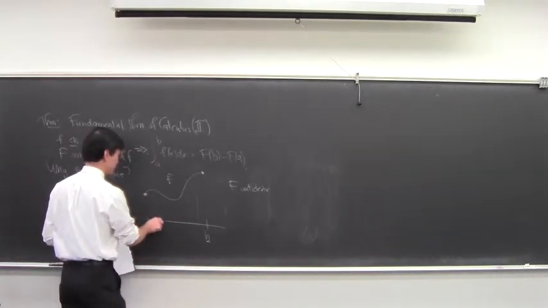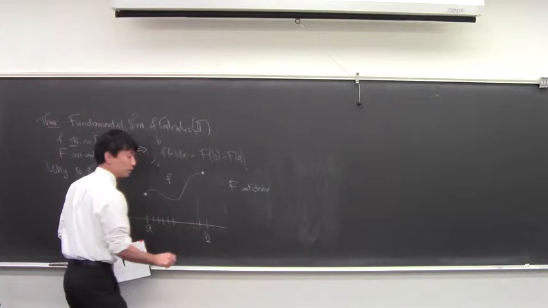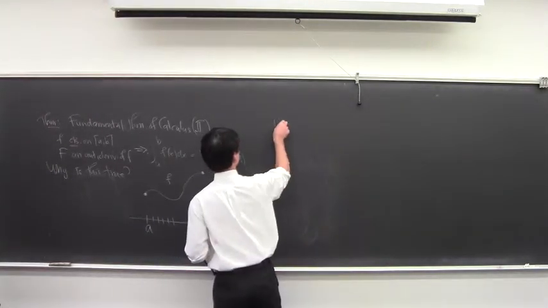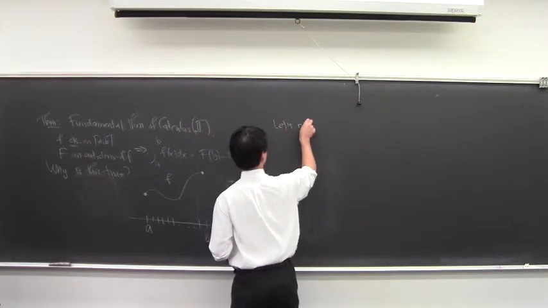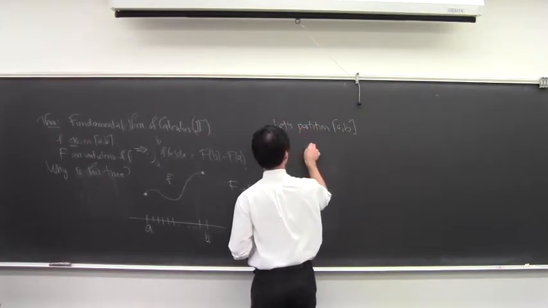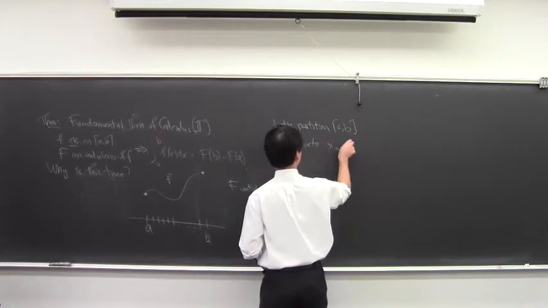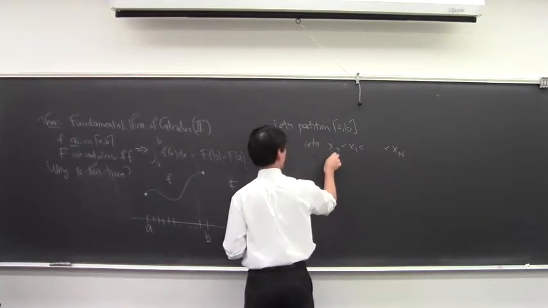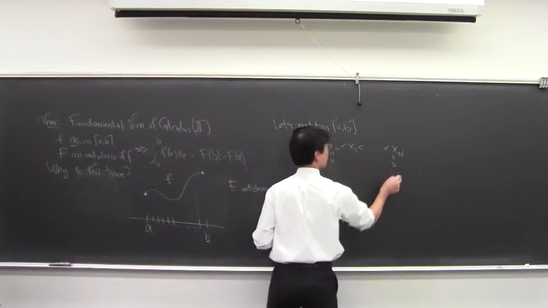Now, let's chop this thing up into a bunch of pieces. So partition the base. Let's partition the interval from a to b into x0, x1, up to xn, where this is a and this is b.